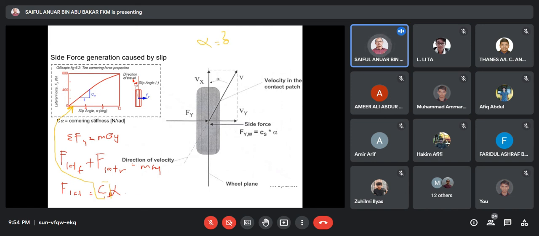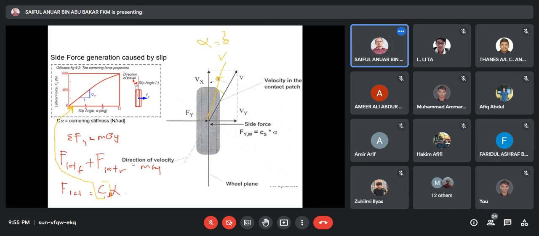Ideally, the condition that we want is this wheel steer angle, the exact direction that we want to go. But due to the wheel and road condition, sometimes the car will only go in this direction. So this is the slip.